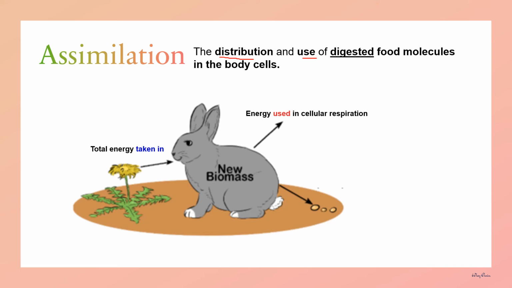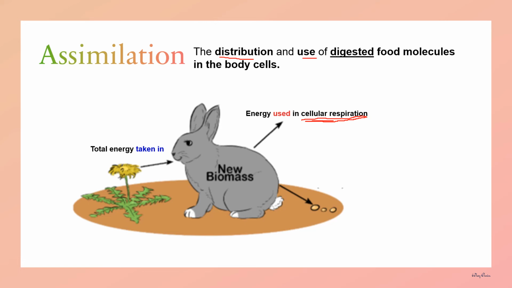90% will be lost through the process of cellular respiration. Even though this is a process to produce energy, before that, some energy will be used to drive it. That's why we say energy can be lost through cellular respiration as heat.